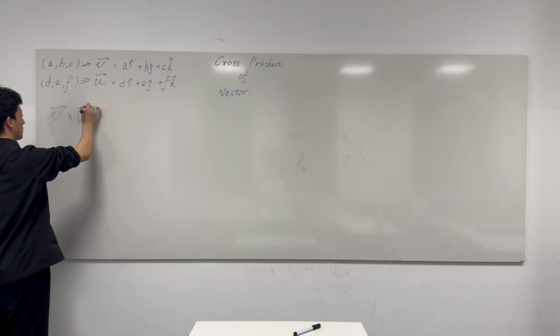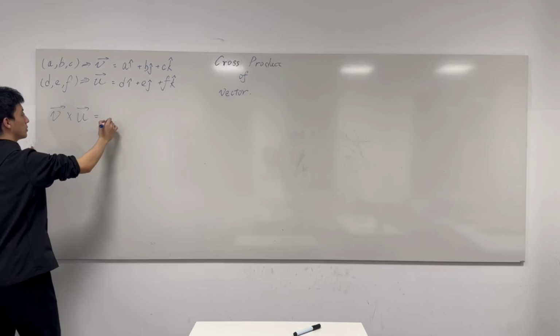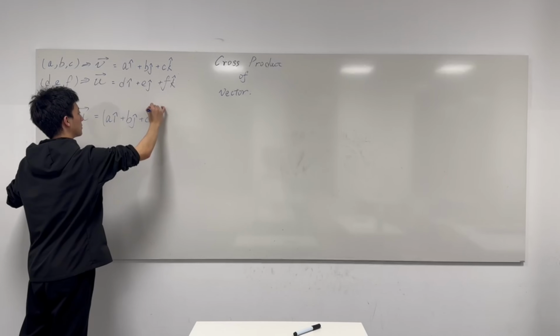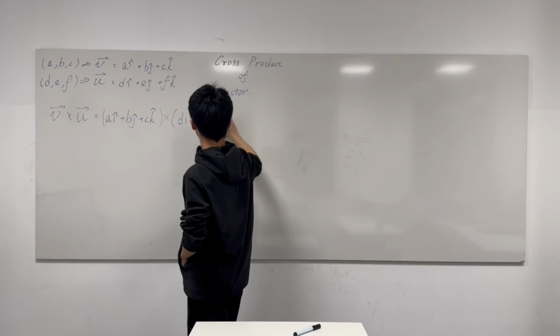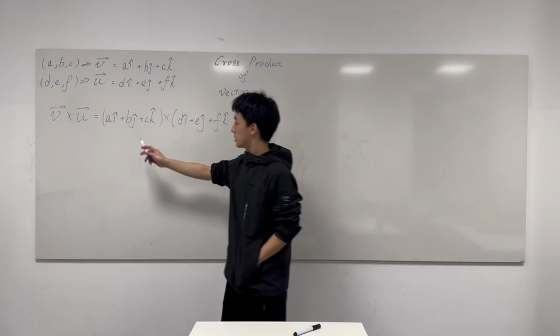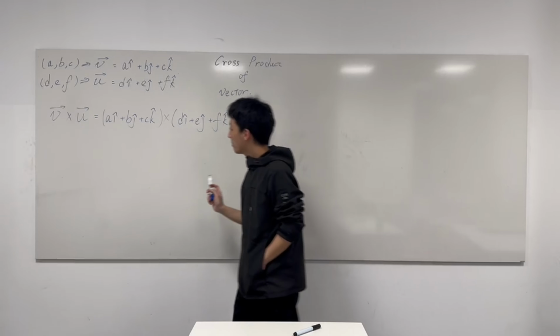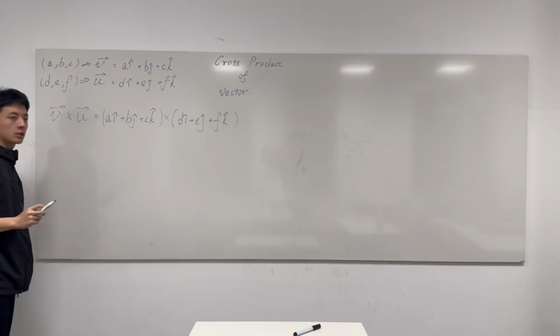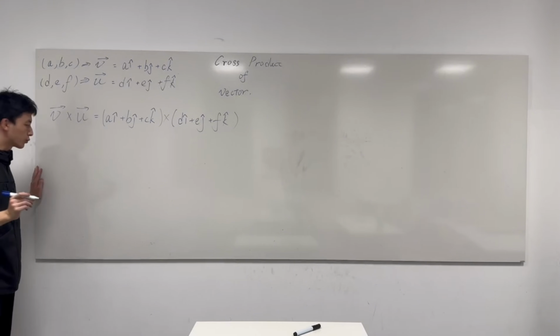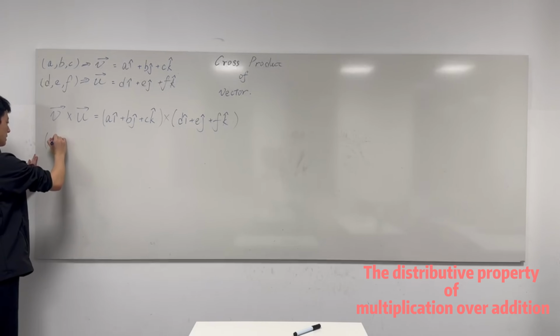So you know that we cross product U is equal to this, right? And remember, the cross product also follows a rule like that.